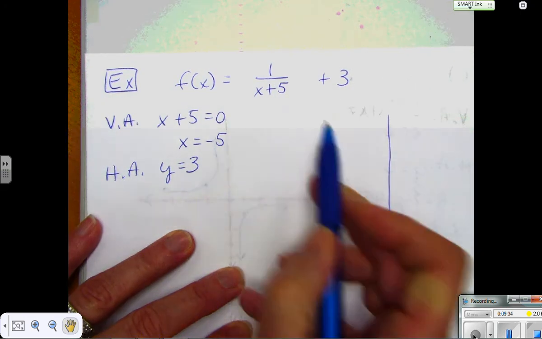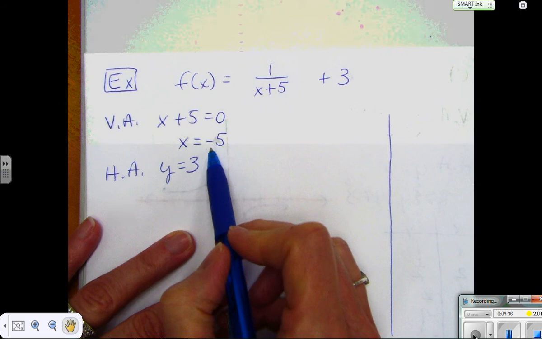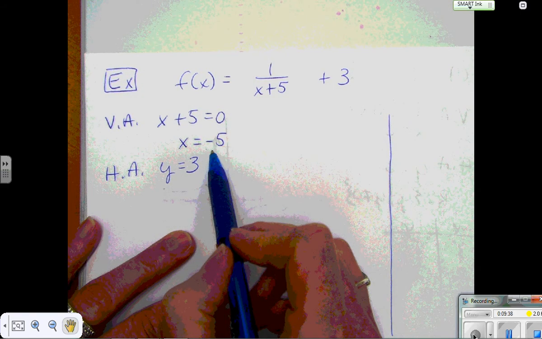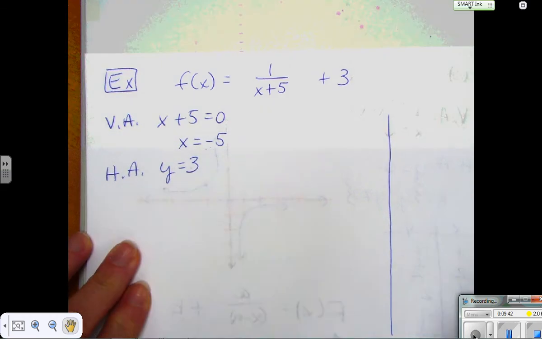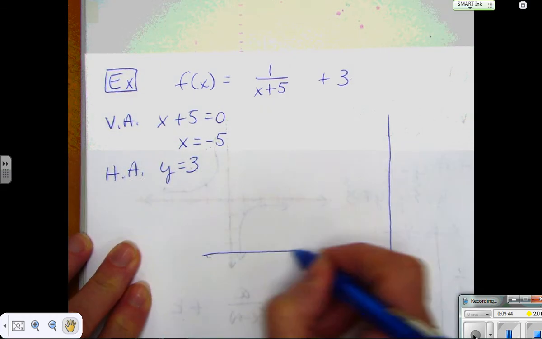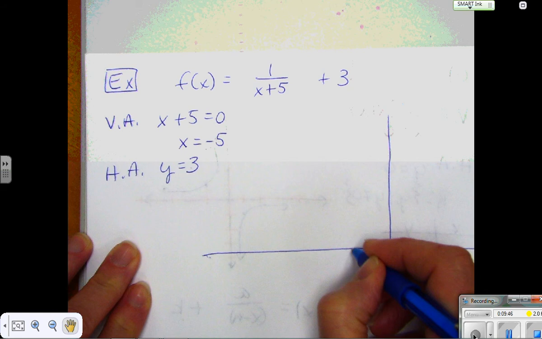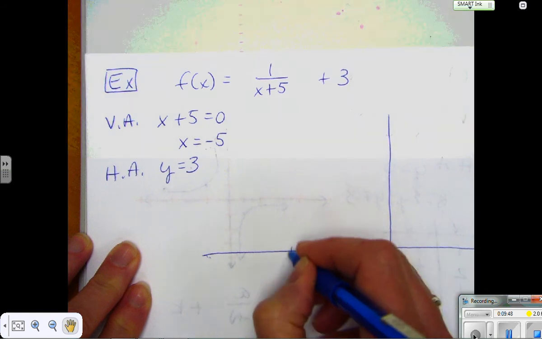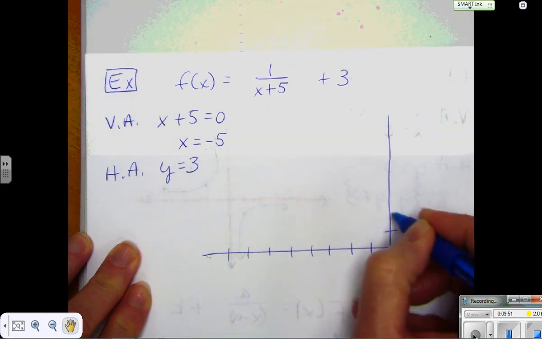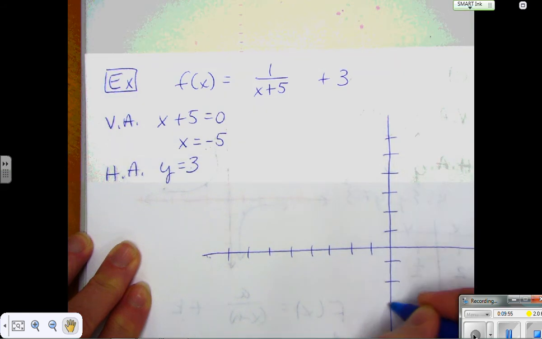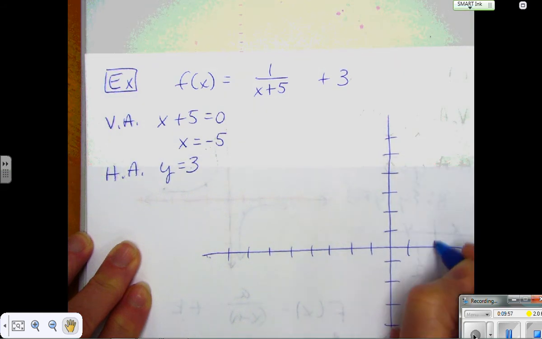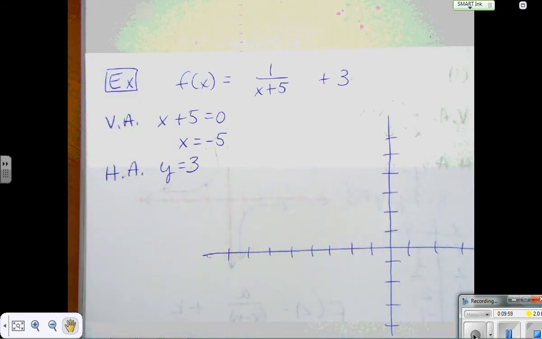And I'm going to give this second quadrant a little bit more room because that's where my vertical asymptotes are going to intersect. That's where more of the action is going to happen.